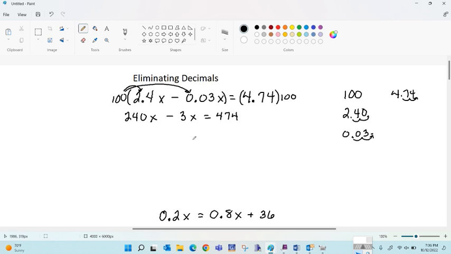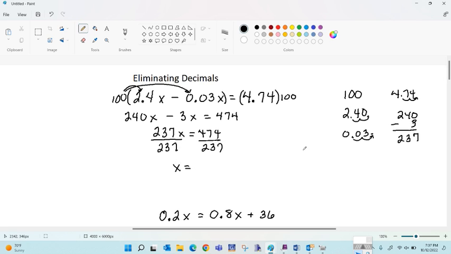That's pretty cool because now we have something a little bit easier to deal with. I can take 240x minus 3x, so 240 of the x's minus 3 of the x's, and I get 237x equals 474. So I want to divide both sides by 237.